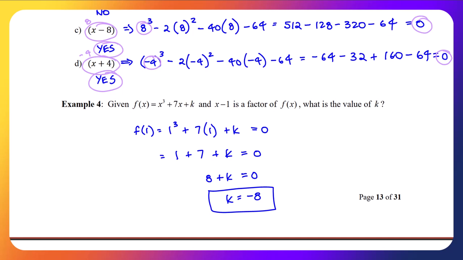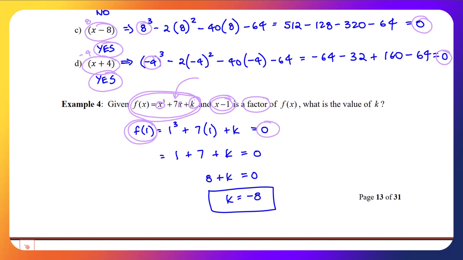Now here's a strange question. We have a problem with another variable k. And they want to know if x minus 1 is a factor of this original polynomial, what does k have to be? Well, let's see. If x minus 1 is a factor, f of 1, plugging in 1, should give me 0.